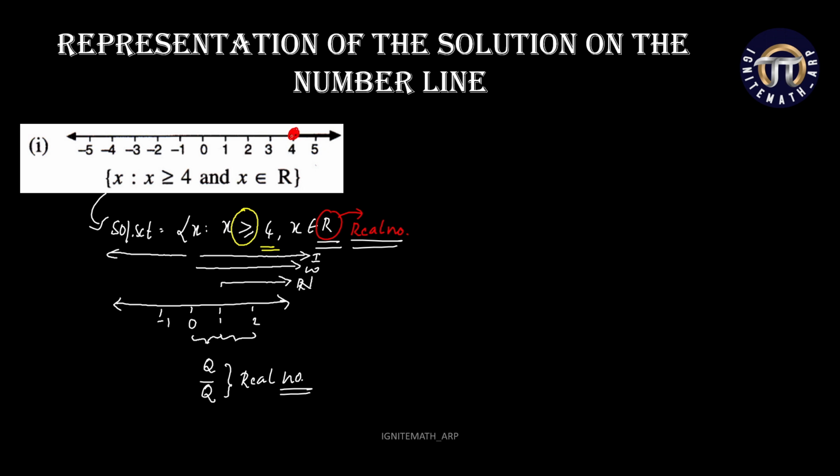Whenever I'm talking about the number line, this is a very important thing you learned in your lower classes children. Say, for example, I am writing 2 on the number line: whichever numbers are on the right side of 2 are all bigger than 2, and all the numbers towards the left side of 2 are smaller than 2.